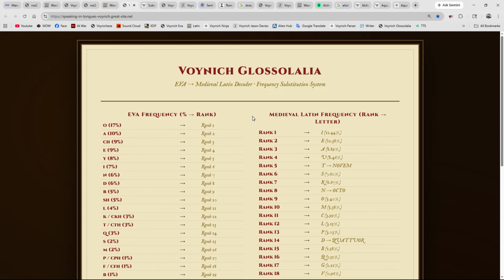And just a little bit of Latin made me decide on making a simple substitution of Eva frequency letters, which equals the Voynich glyphs, to medieval Latin.